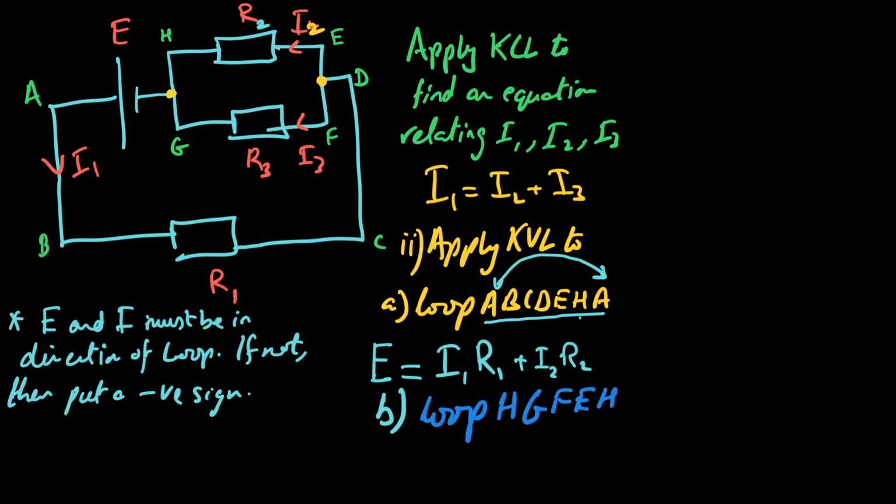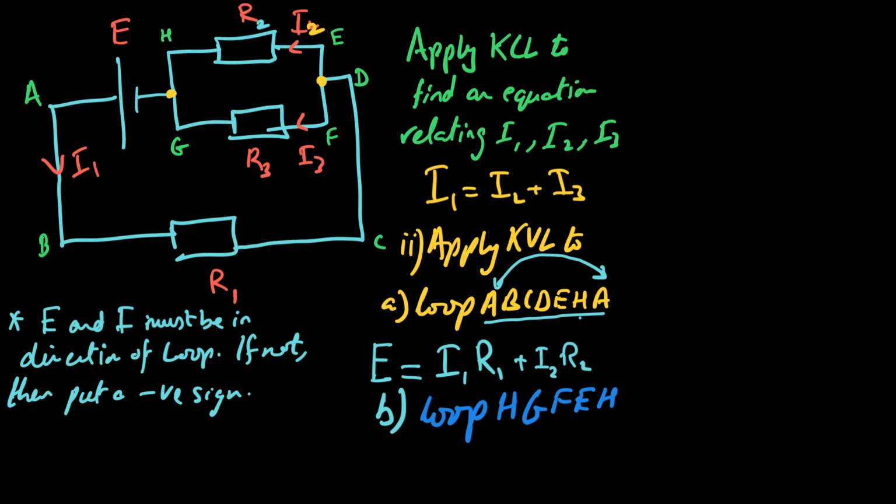So you know that this loop is over here. H, G, F, E, H. Try to do it. Let's see if you get the right answer or not. Pause the video and try it. Remember, you're applying Kirchhoff's voltage law. So, pehle sum of EMFs aayega equal to sum of potential differences in that loop. Try it.